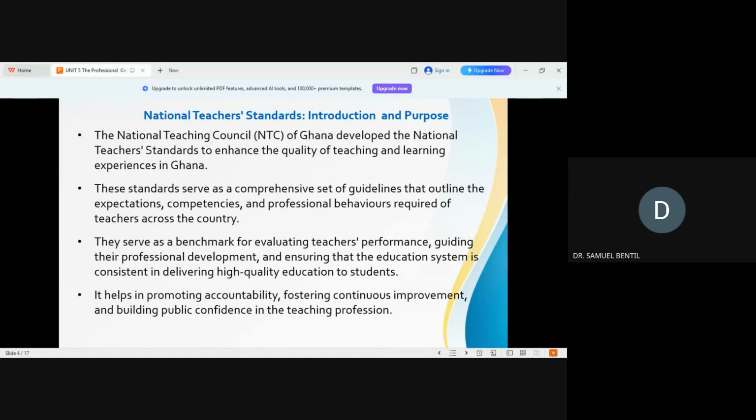So you see how the subject is now getting a wider scope. Someone can do business and end up doing BA geography in the university. So that gives you an idea that, as a professional with 21st century skills, you must know all these things in the subject area.